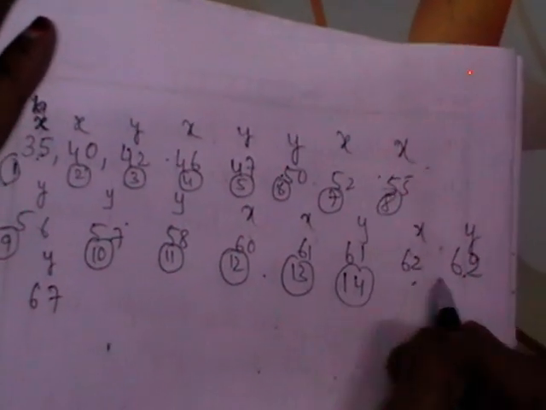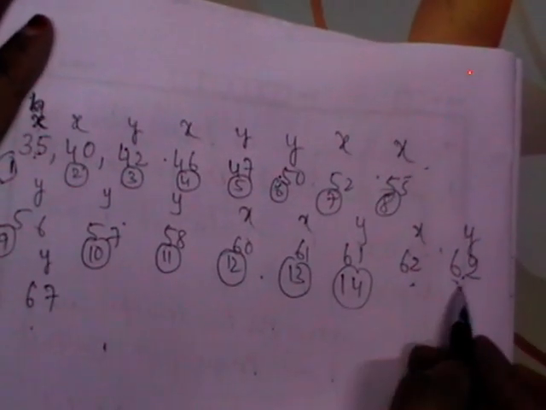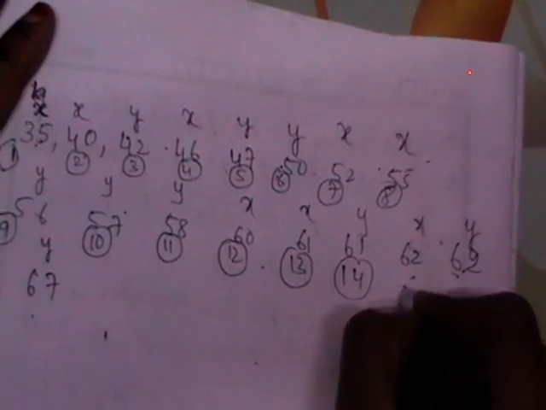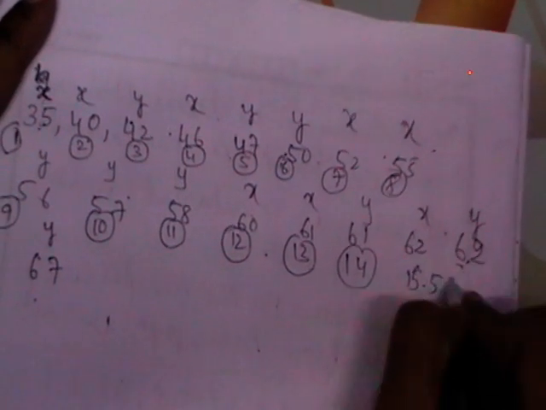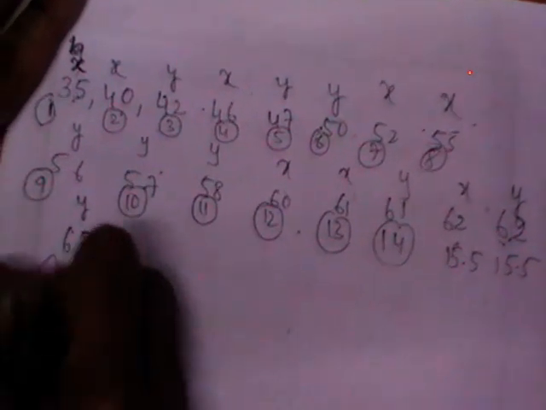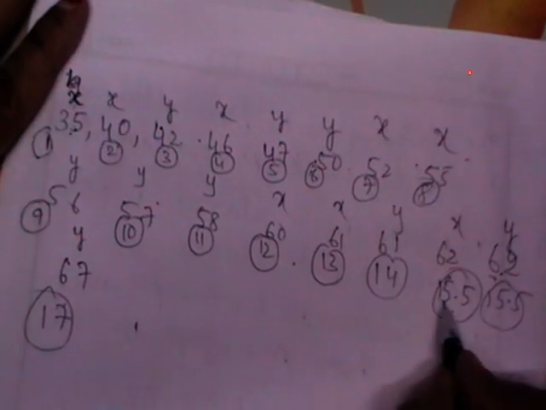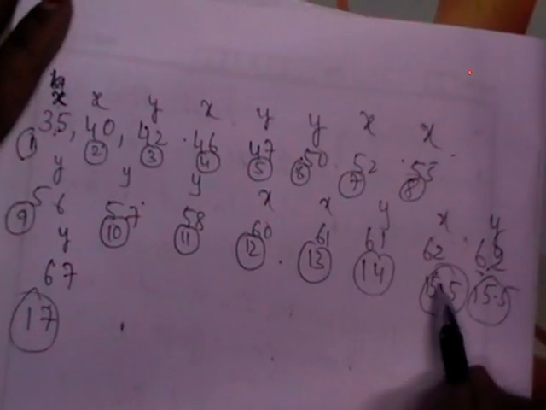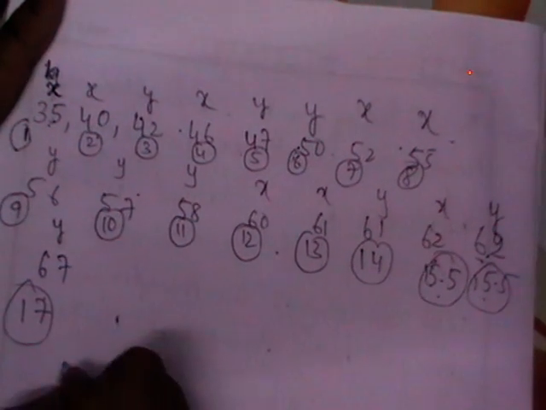Then 15, 16, 17. It cannot be 15 and 16; those 15 and 16 should be shared between them. So I am going to take 15.5 for each. And for the last one, the rank is 17.